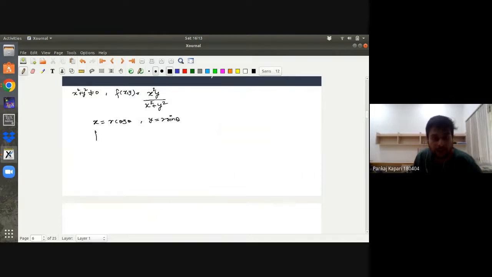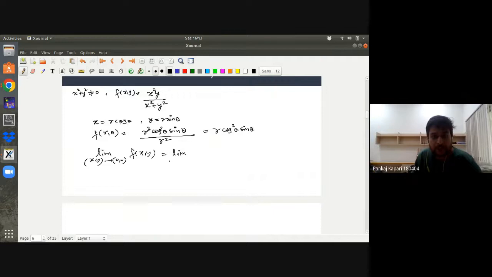Okay, as a function of r comma theta, this will become r cube cos square theta sin theta divided by r square, which is equal to r cos square theta sin theta. Okay, now the limit of xy going to 0 comma 0 of f x y is the same as limit r going to 0 of this f r theta.